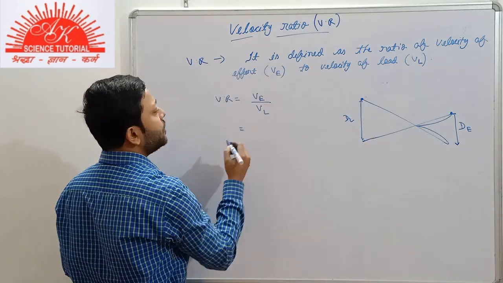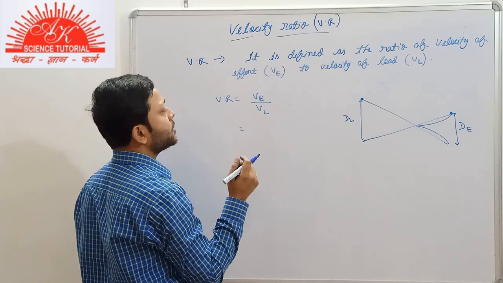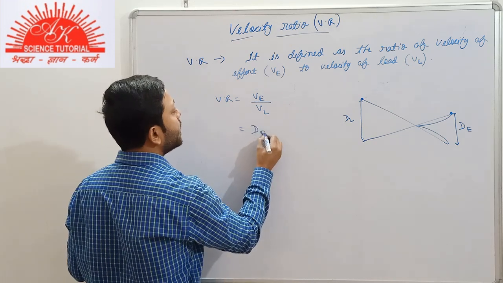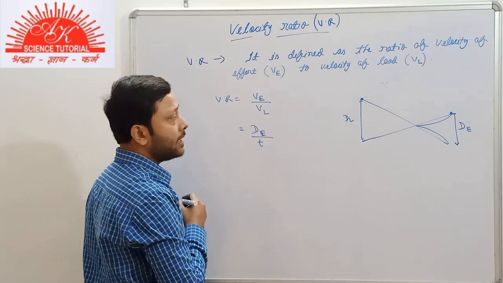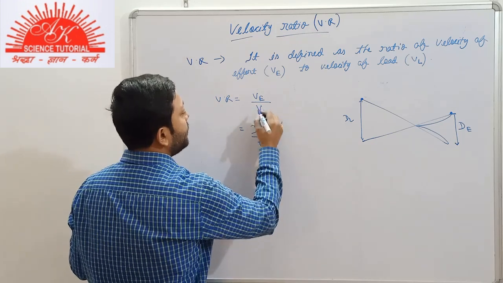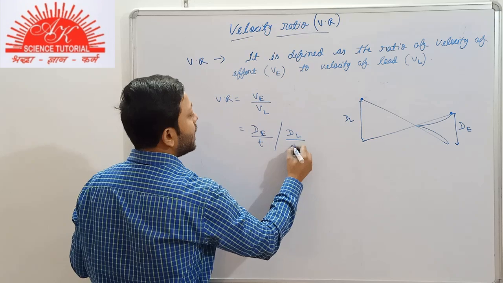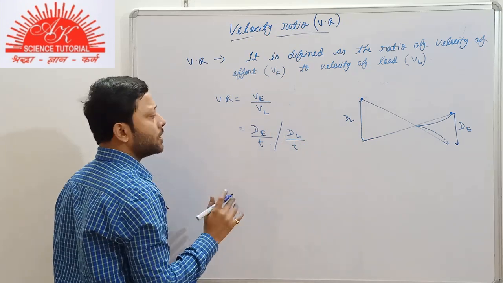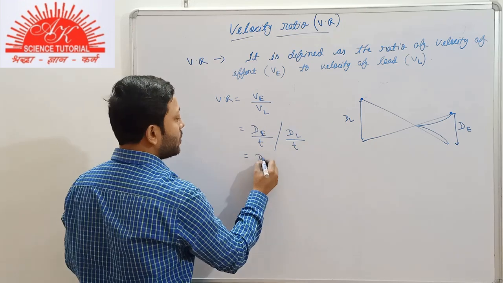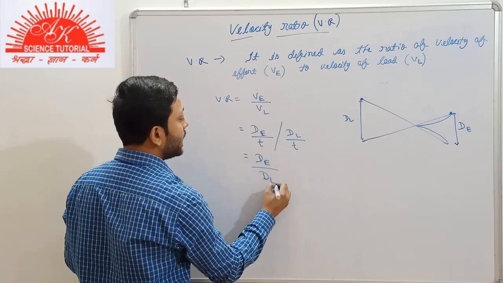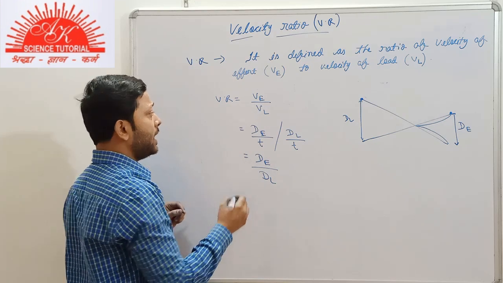Velocity is displacement by time, so VE is dE by t, and VL is dL by t. Very simple. T and t get cancelled. As a result, we get the ratio as dE by dL.